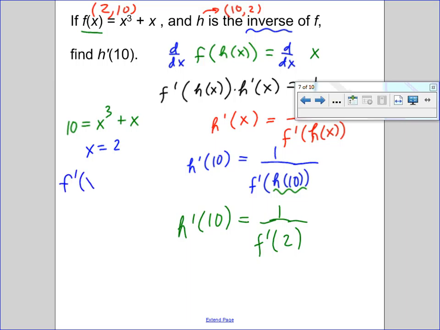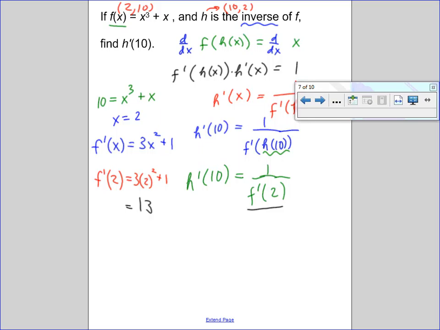So f prime of x is 3x squared plus 1, thank you, which means that f prime of 2 is 3 times 2 squared plus 1, which equals 13, is that right? 13? Can we evaluate h prime of 10? Yes, we can. We got it. h prime of 10 equals 1/13.